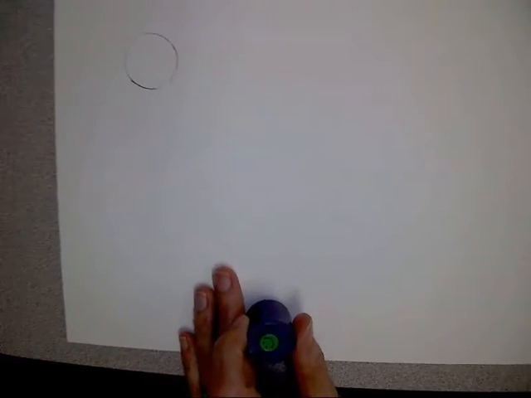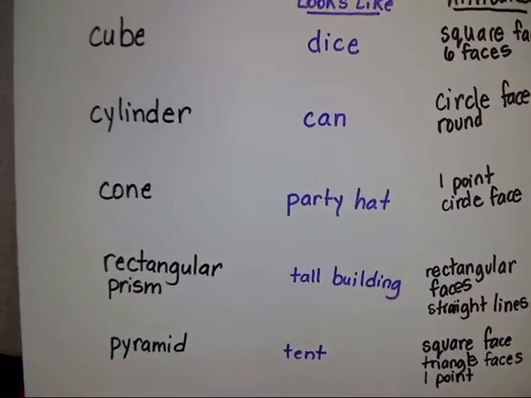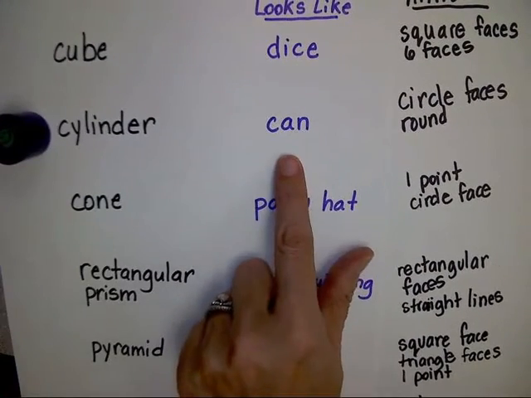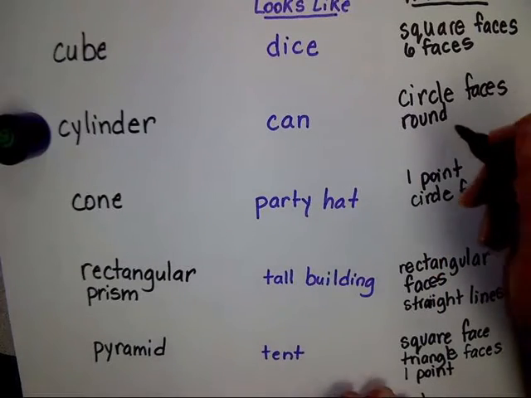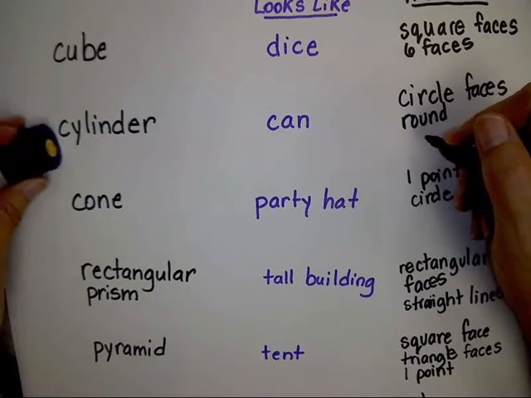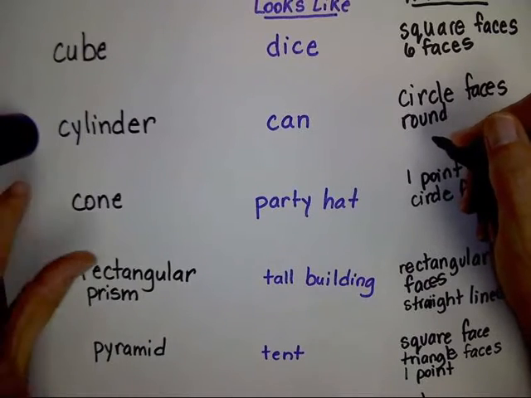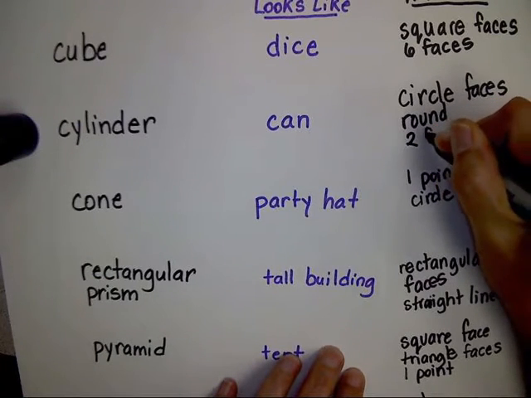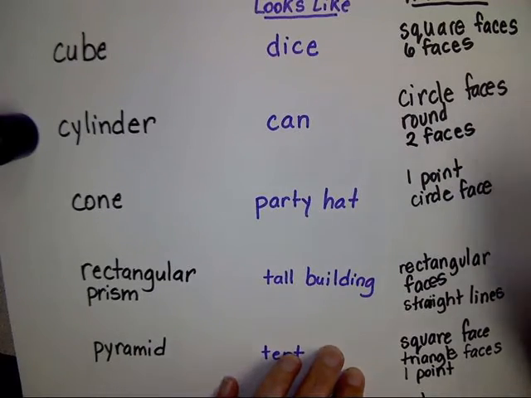So let's add that to our anchor chart here. So we have a cylinder that we know looks like a can, and we know it has circle faces, and it's round here. But we also know that it has 2 faces.